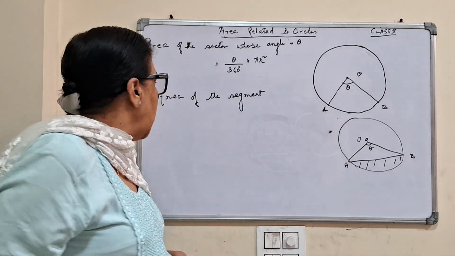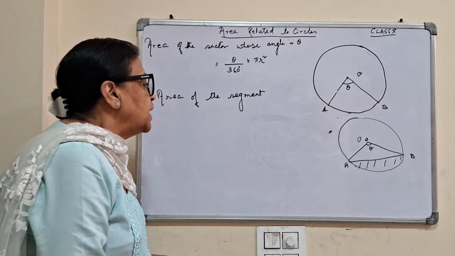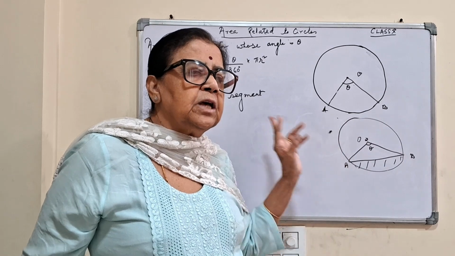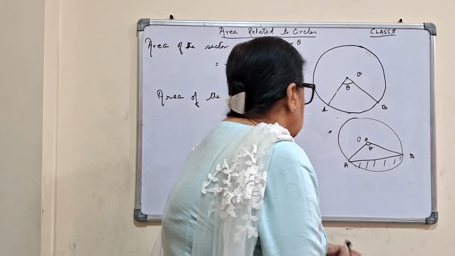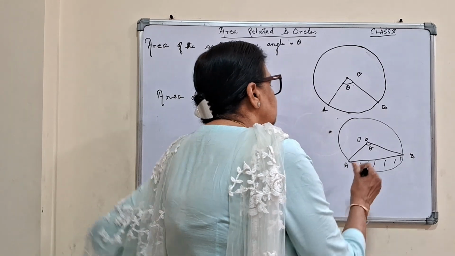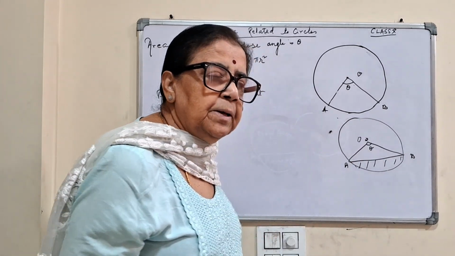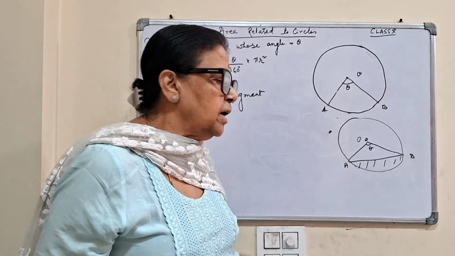Now, the area of the segment: a chord AB divides the circle into two segments, this one and this one, segment 1 and segment 2, the minor segment and the major segment.